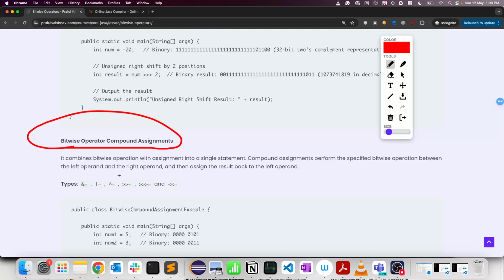We have seen this in arithmetic: i += 2 is i = i + 2. In the same manner, this means num = num & num2. Likewise for all the operators, it means the same. So yeah, this is the code. You can run it on your systems and check.